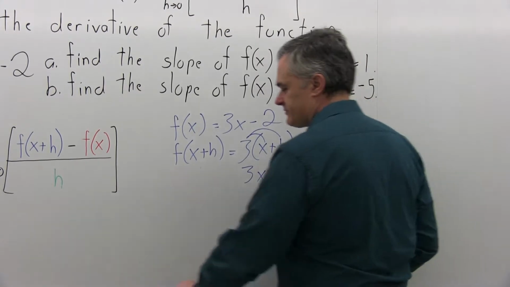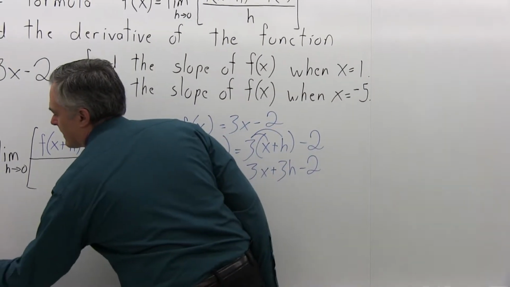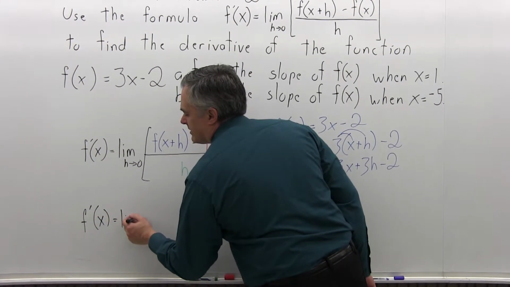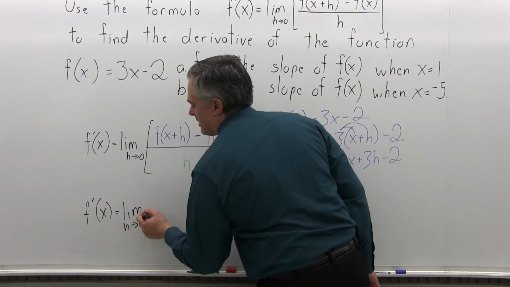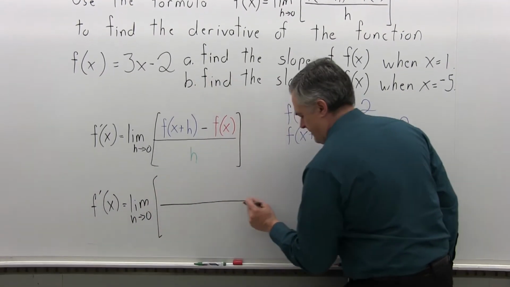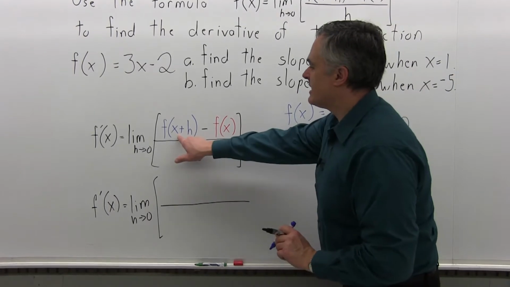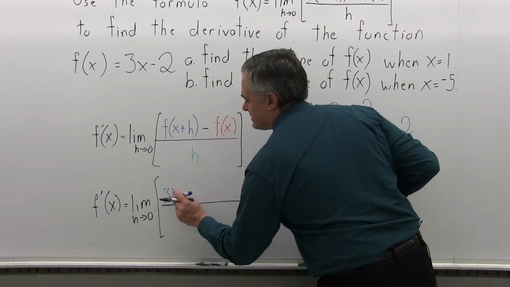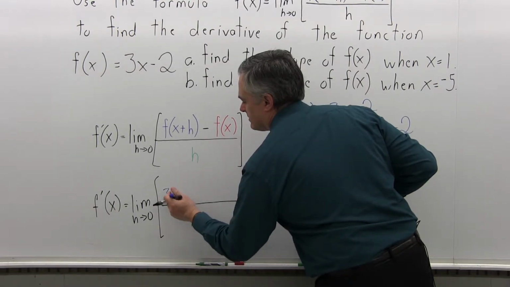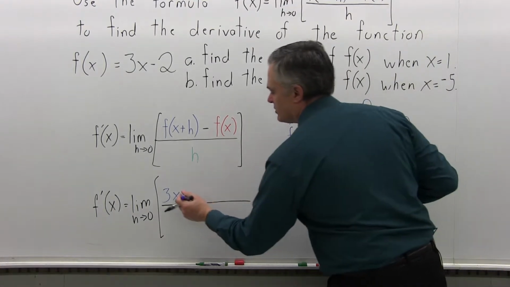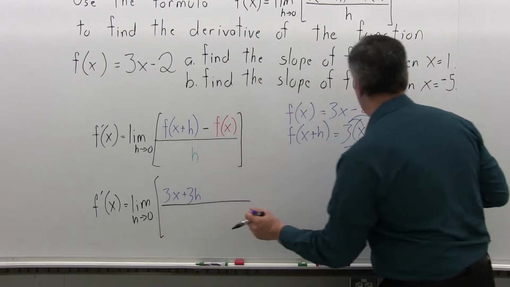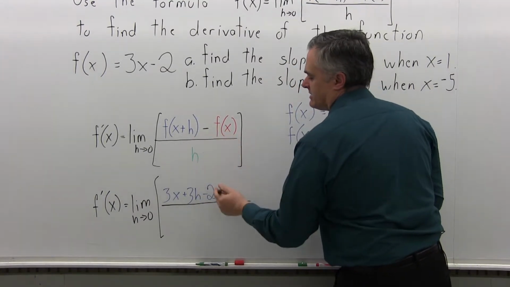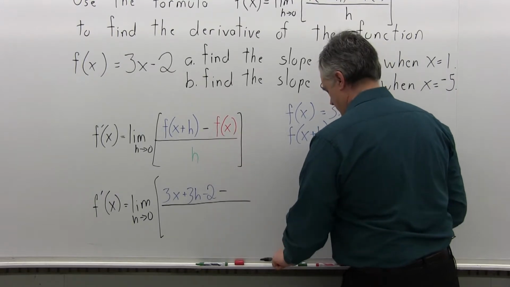in my formula. So let's start putting this together. F prime of x equals the limit as h approaches 0 of, and now in blue, the f of x plus h, the result of that is 3x plus 3h minus 2, and then we have this minus, and now in red, f of x.